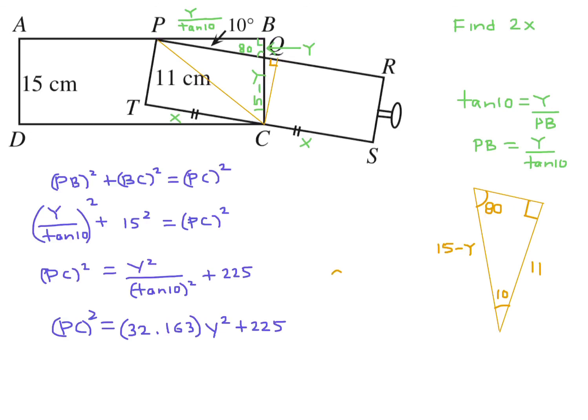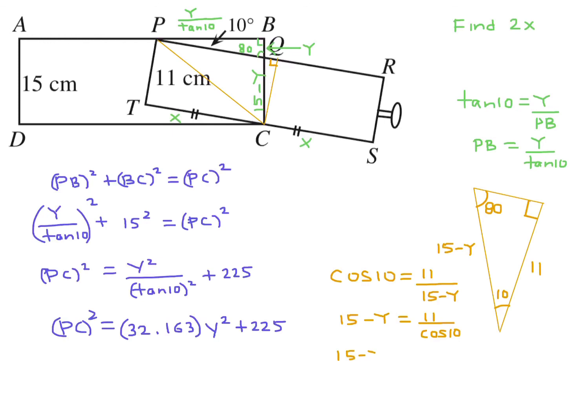And I'm going to use cosine. So the cosine of 10 is equal to adjacent over hypotenuse. So it's 11 over 15 minus y, like that. So that means that 15 minus y is equal to 11 over cos of 10.